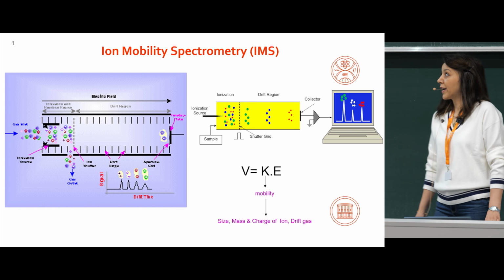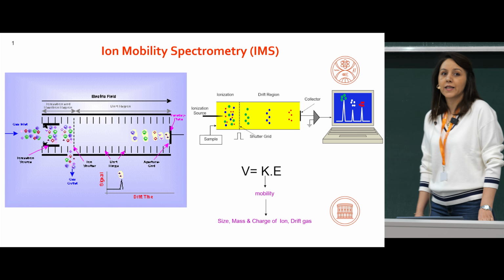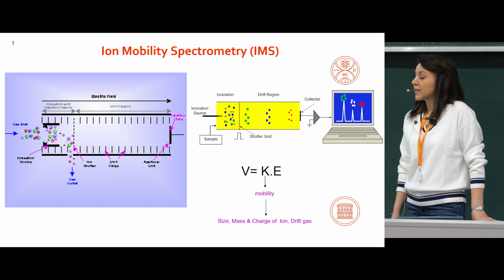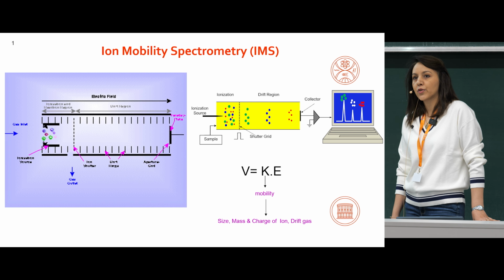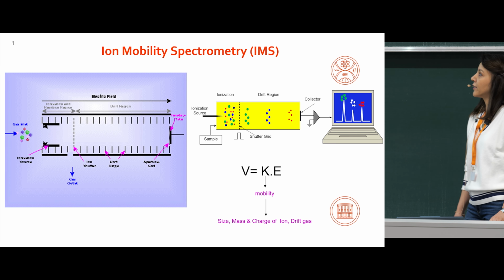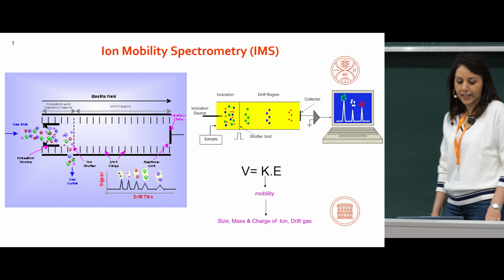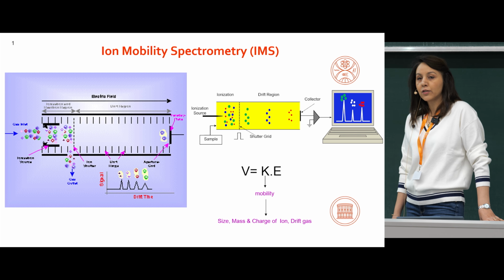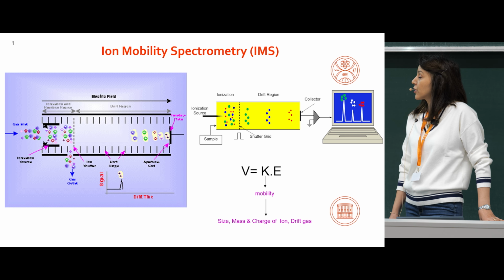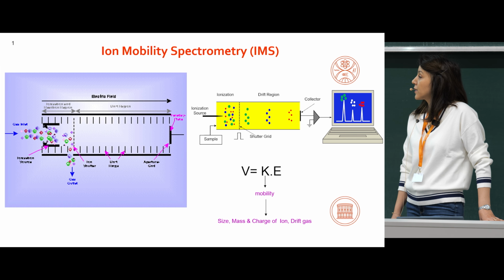Let me start with IMS, or ion mobility spectrometry. IMS is a fast analytical technique for separation of ions under electric field in an inert gas. The sample is heated to vaporize and enters the ionization region of IMS to be ionized by the ionization source.